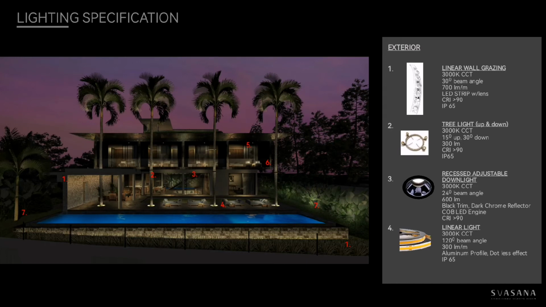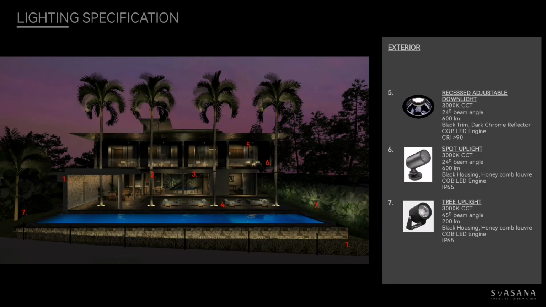And then number three is about the downlight. We use a recessed adjustable downlight there, also with a small beam angle. And then number four is the linear lighting for the soil, for those landscape elements, to show the form of the circle.